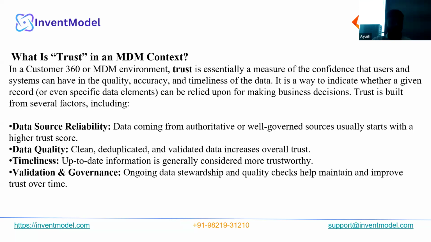For a maximum trust value, the data should be highly clean and it should not be duplicate. It should be validated as well over the different factors. Timeliness: whichever data is coming, if it is up to date, that will be considered more trustworthy. And the fourth point is validation and governance. Ongoing data stewardship and quality checks help maintain improved trust over time.